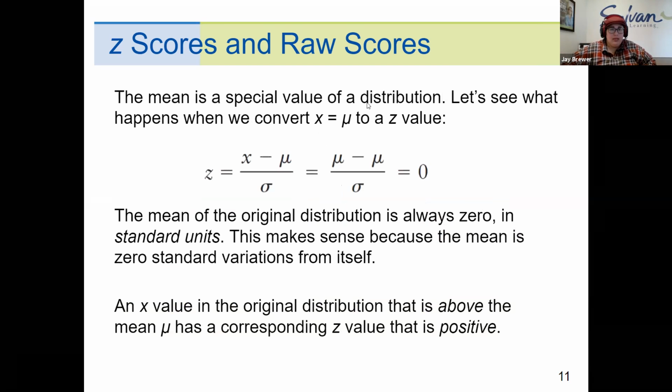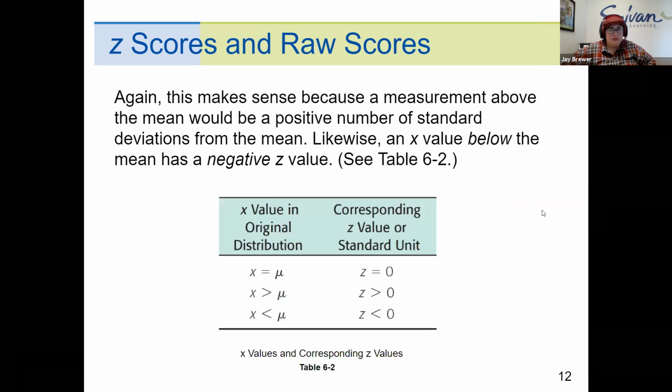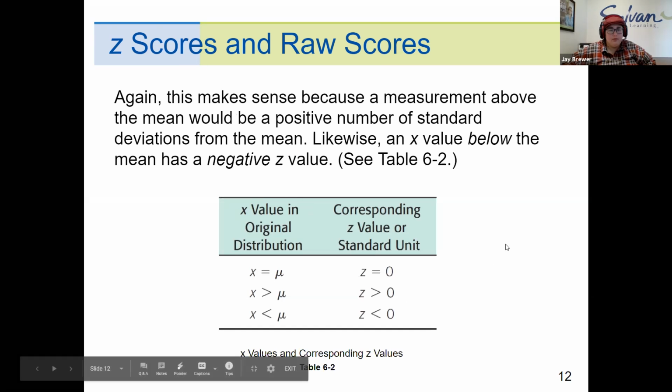Mean is a special case when it comes to this distribution. If you are looking at x equal to the mean, then you have a z-score of 0, which I believe gives us 50-50. I think so. We'll have to take a look.